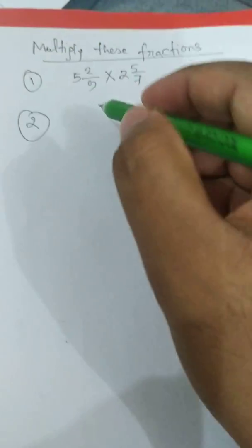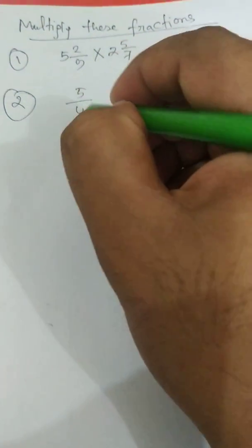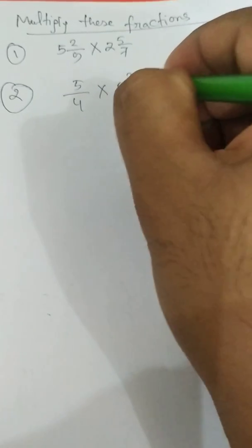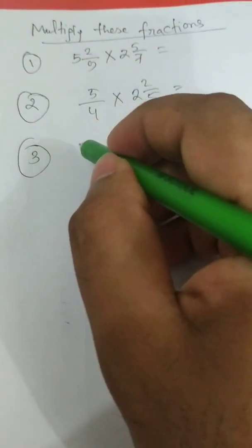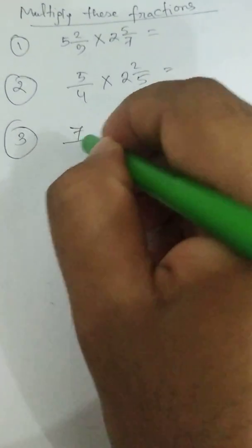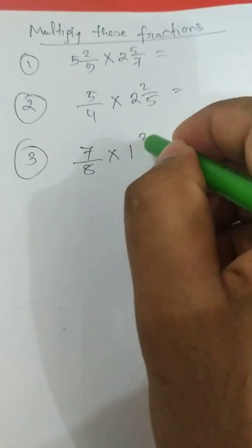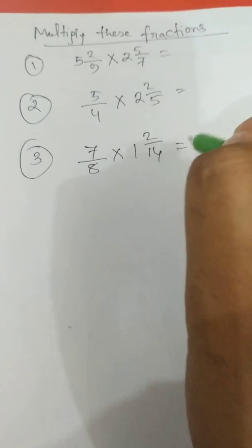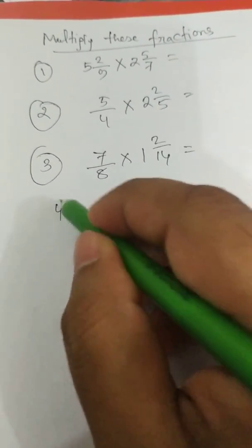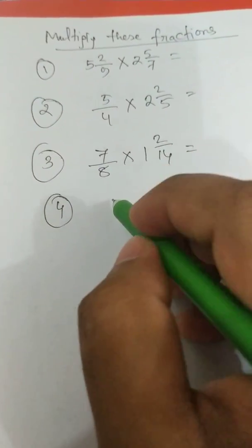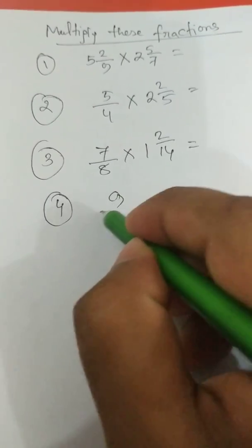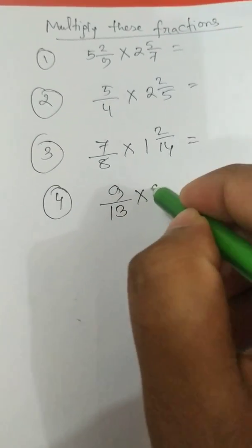Number 2: 2 5 by 4 into 2 2 by 5. Number 3: 3 7 by 8 into 1 2 by 14. Number 4: 9 by 13 into 91.